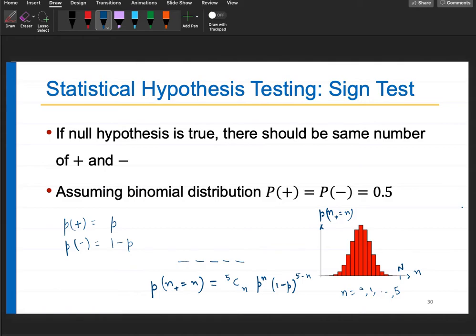Now I want to use this distribution to formulate a measure of confidence. Let us assume this capital N is 20. Just assume this to be 20. If I tell you I get 10 times positive, what can you say about your confidence level, meaning the p-value?